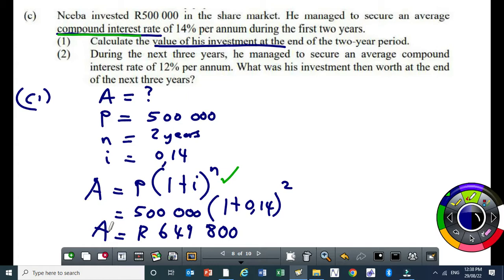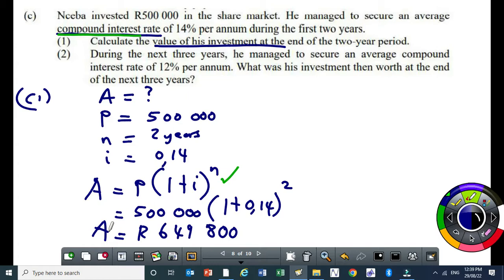Then number 2 says during the next 3 years, he managed to secure an average compound interest rate of 12% per annum. What was his investment then worth at the end of the next 3 years? Here you need to be very careful with the language, which is very common in financial math.